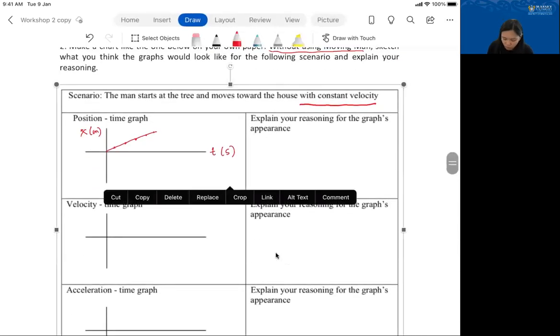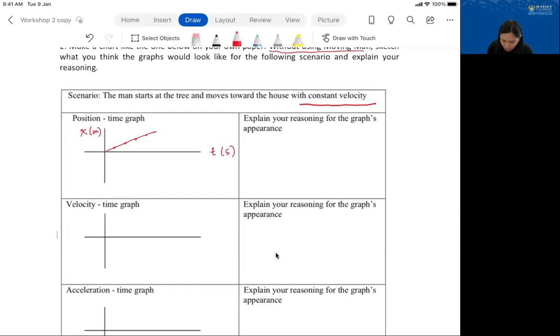So when you draw your velocity time graph, the unit for velocity is meters per second and time in seconds. The problem actually already says constant velocity, and a straight line position time graph also means constant velocity.